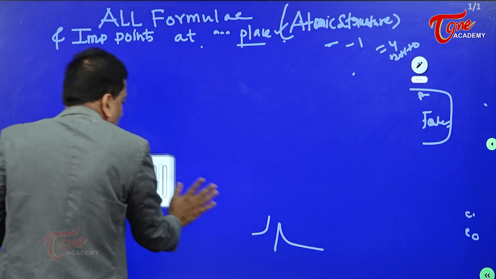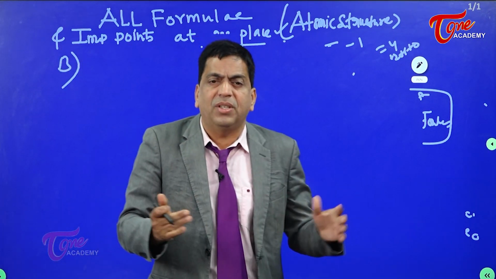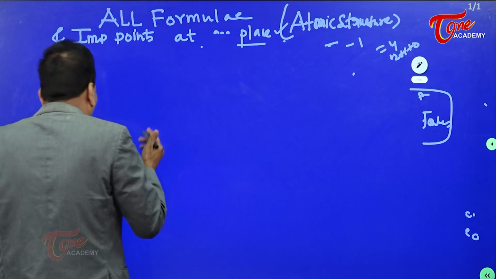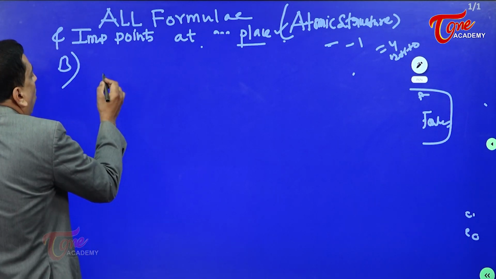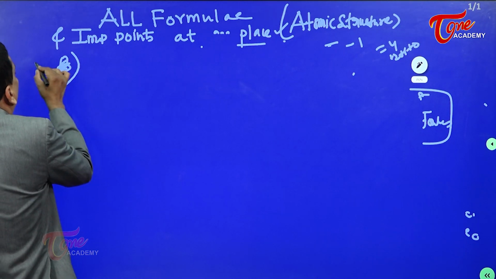The other equation is this 13, and here comes one of the drawbacks which I can actually tell you of Bohr. So please understand that this is 13.